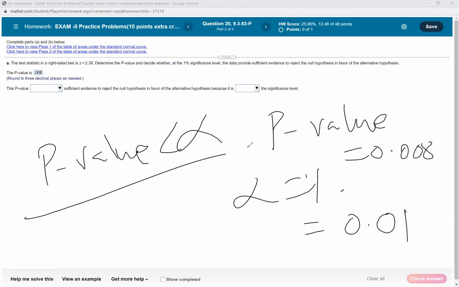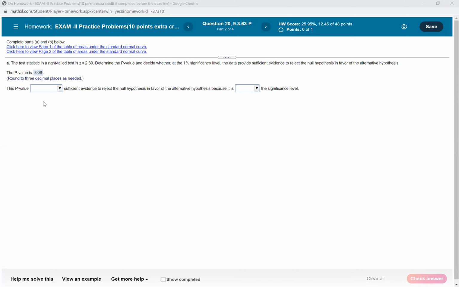That means we reject the null hypothesis. So the data provides sufficient evidence to reject the null hypothesis in favor of the alternative hypothesis because the p-value is less than the significance level.